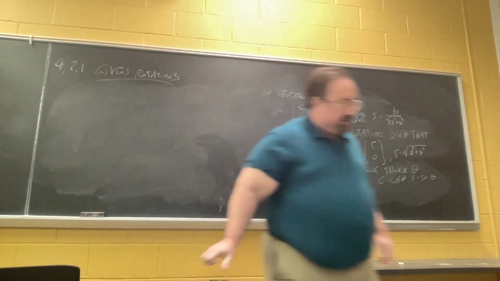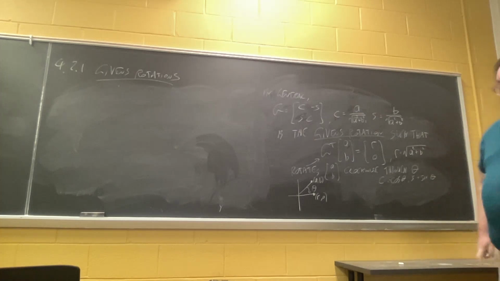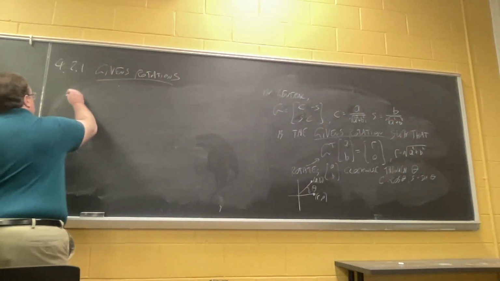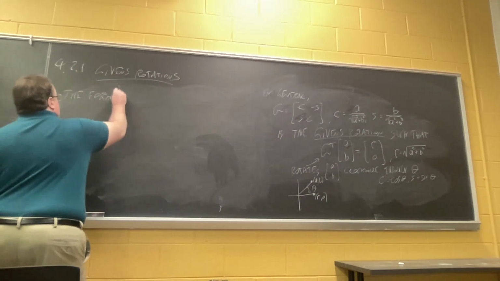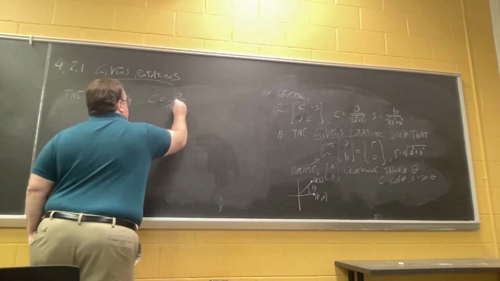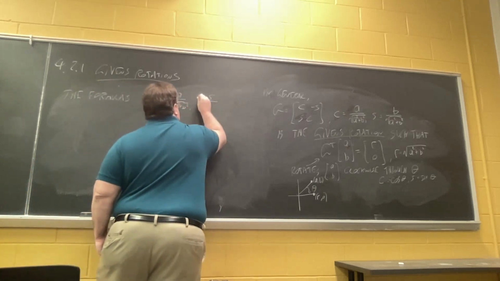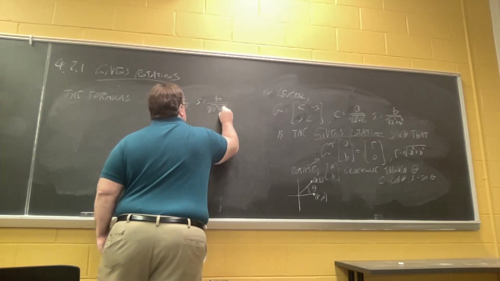Now, actually, before I talk about how to use this for QR, I need to talk about these formulas for C and S. The formulas that we have, C equal to A over square root of A squared plus B squared, S equal to B over square root of A squared plus B squared.